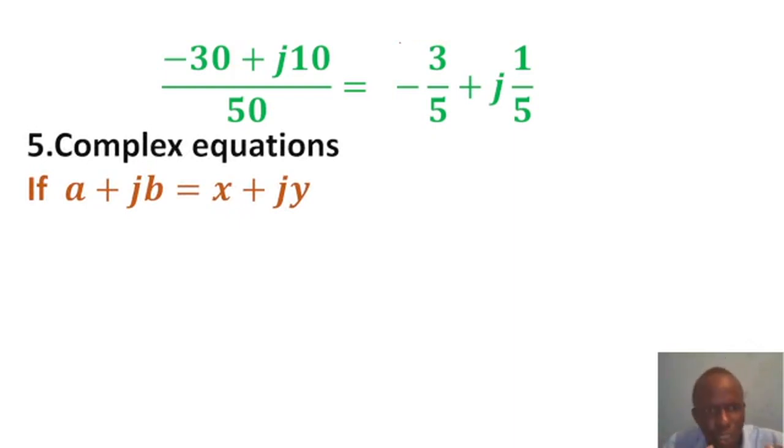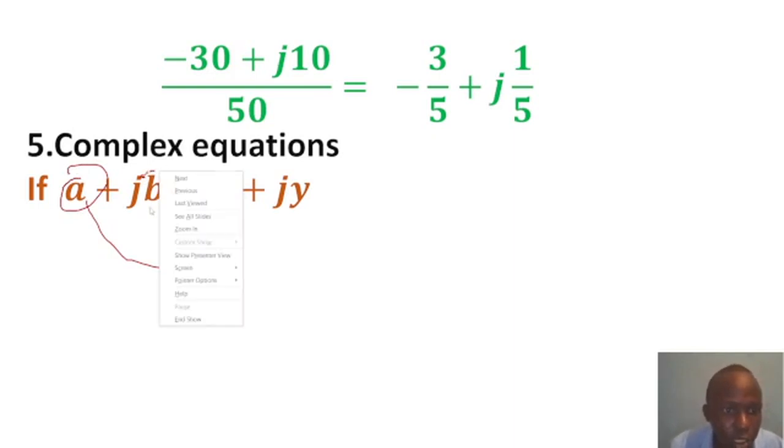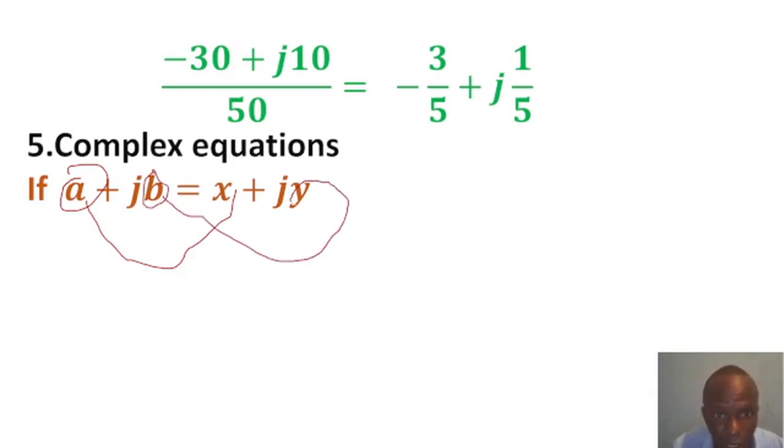Let us now go to the next part, the complex equations. Ever heard of equations? When you talk about equations, one thing that comes to our minds is that there's something that we ought to calculate or to find. Most of the time it is x or y or whichever, the unknown. So if the equation is in this form, we just equate the real parts, and we also equate the imaginary parts separately.